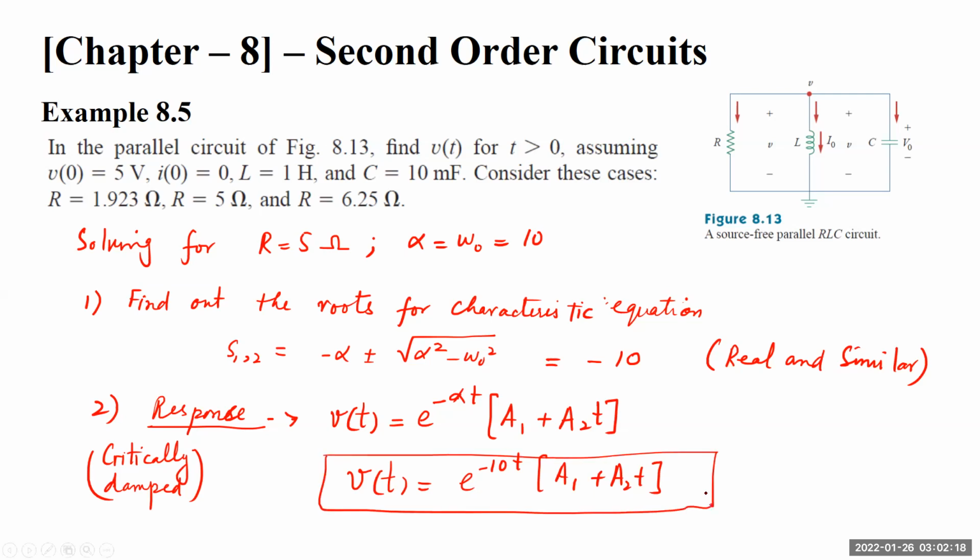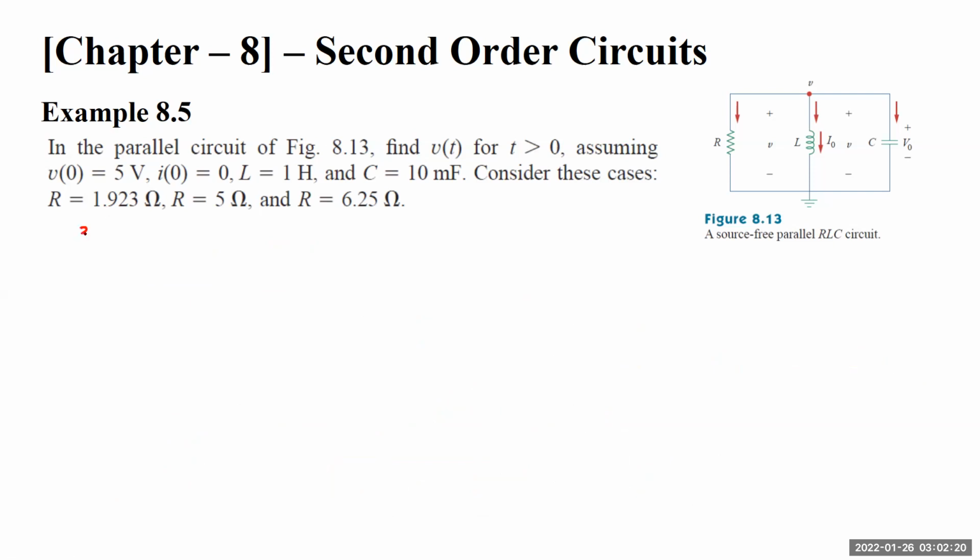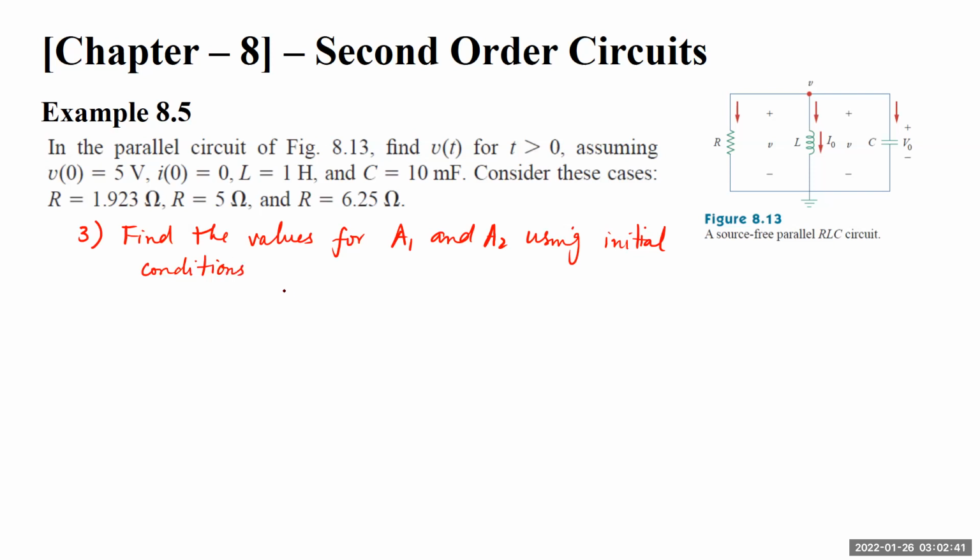Our third step is to find the values of A1 and A2 using the initial conditions. The initial conditions are I0 equals 0 and V0 equals 5.